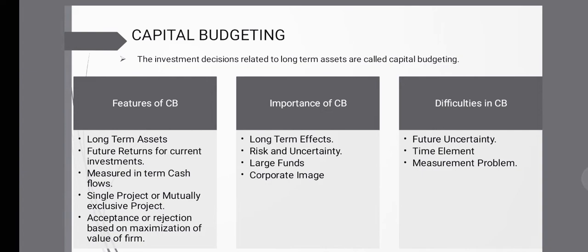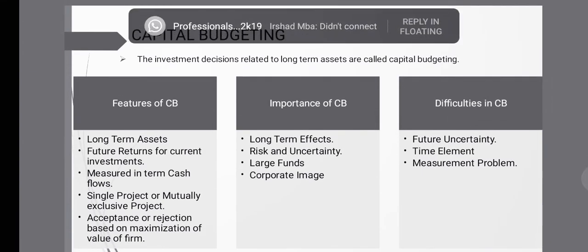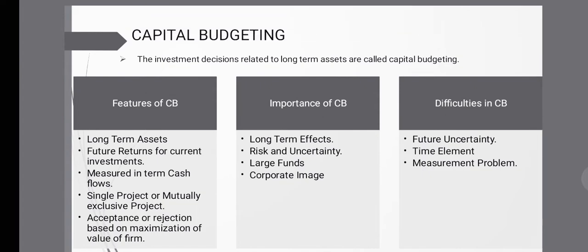It also leads to future returns for current investments, measured in terms of cash flows, cash inflow and cash outflow. It can be a single project or mutually exclusive projects. Then acceptance or rejection is based on maximization of the value of the firm. So if the value of the firm is maximized, you accept it, and if the value of the firm is not maximized, it is not accepted.